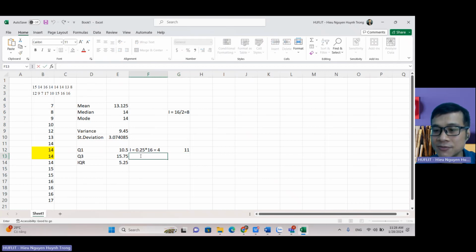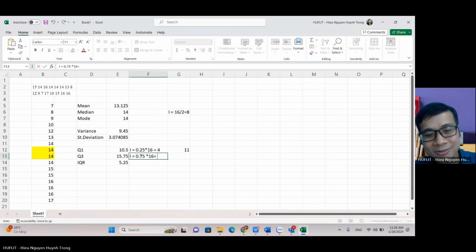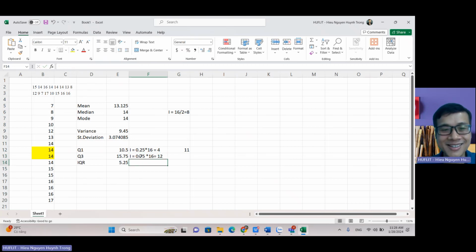And how about the index for quartile 3? Position i will be equal to 0.75 times n, that is 16. That will give us 12. Now you can start counting: 1, 2, 3, 4, 5, 6, 7, 8, 9, 10, 11, and 12.